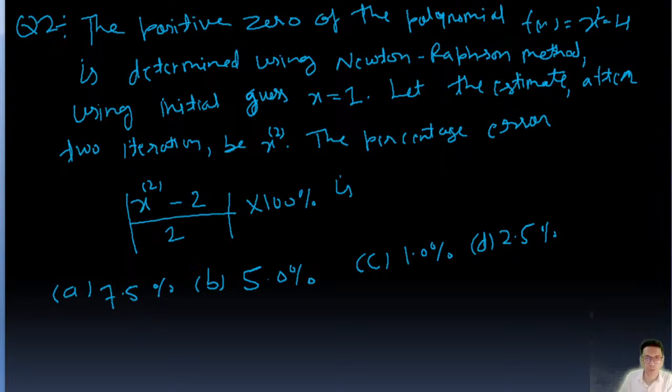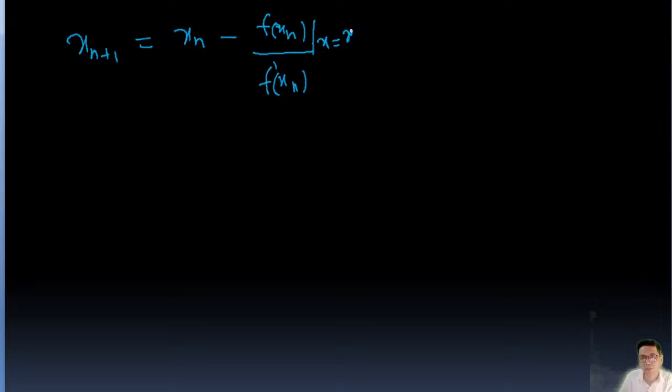Okay, very good question. So here we know the Newton-Raphson method, the iteration method. There's a formula we know, that is x(n+1) equal to xn minus f(xn) upon f dash (xn), where f dash is evaluated at x equal to xn.